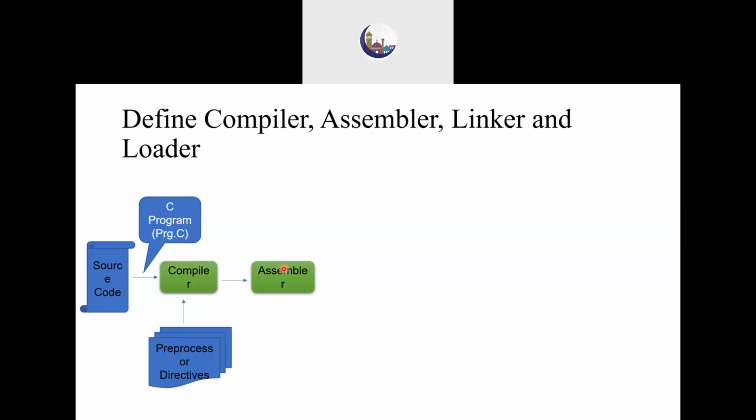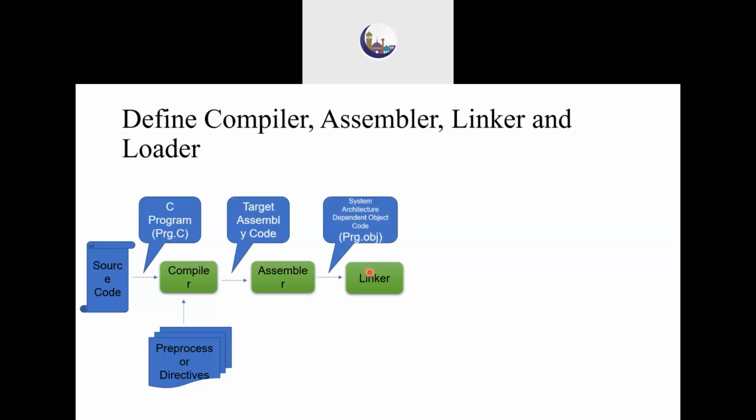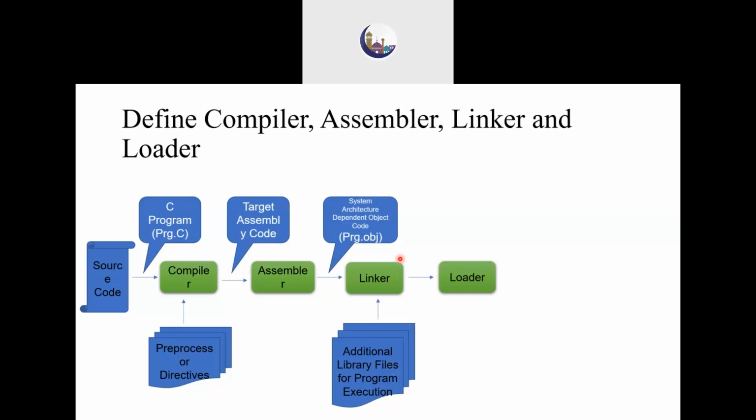What the assembler will do is take the targeted assembly language code and pass it on to the linker. The linker will take this prg.obj file, which has been passed by the assembler, and add some additional files which are required for execution on our operating system, then pass it on to the loader.